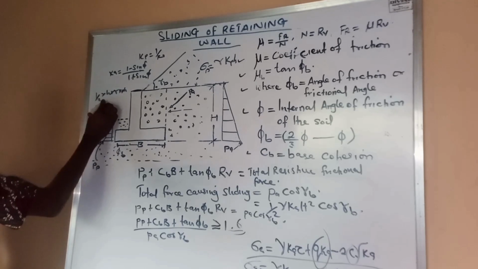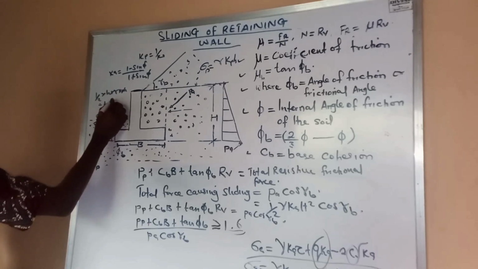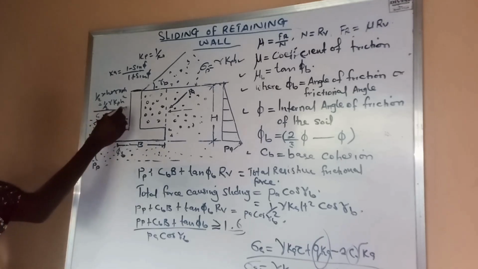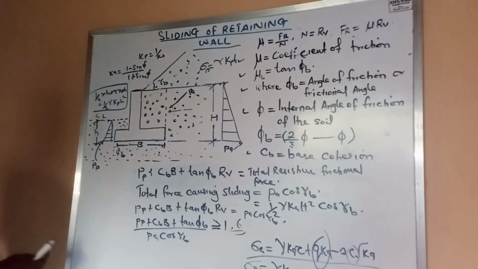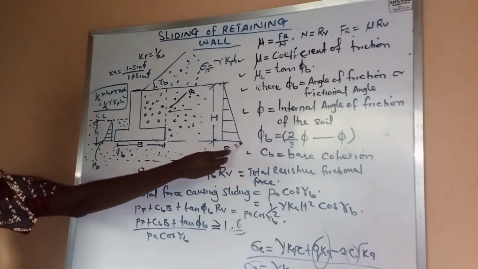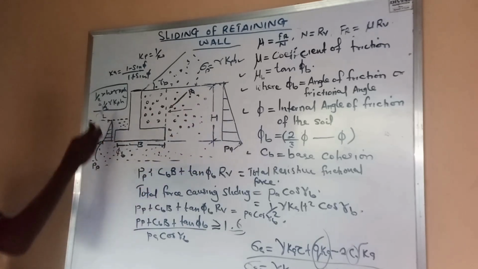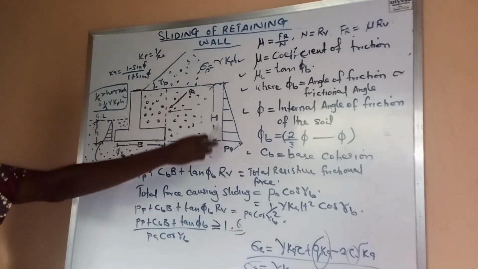So if we do that, we have 1 over 2 gamma Kp h squared. We'll convert this to become a force instead of the pressure that it is. In a similar way, this one becomes a force here. We can multiply the area to have it as 1 over 2 gamma Ka capital H squared on this side.